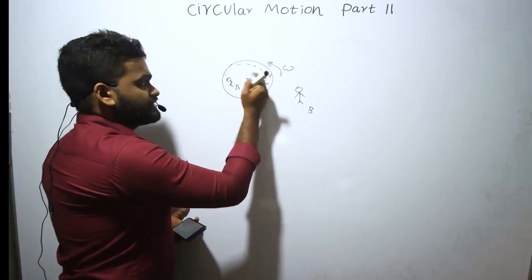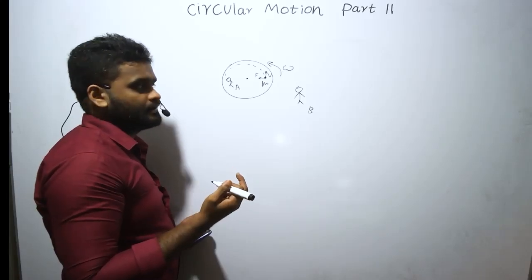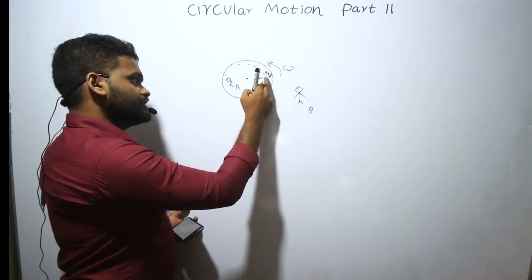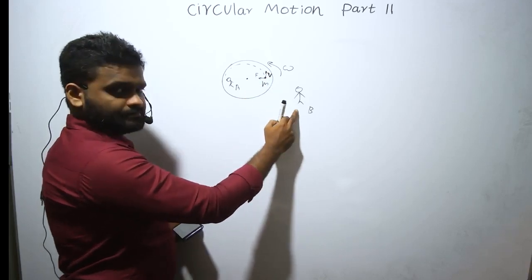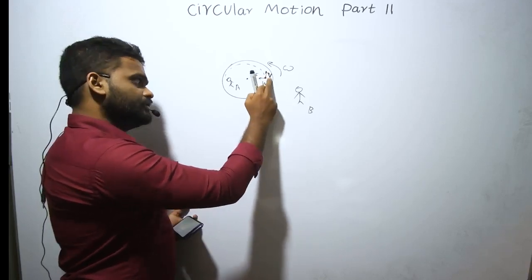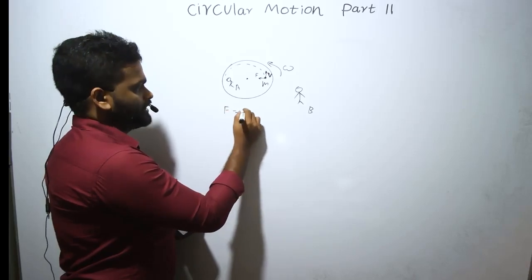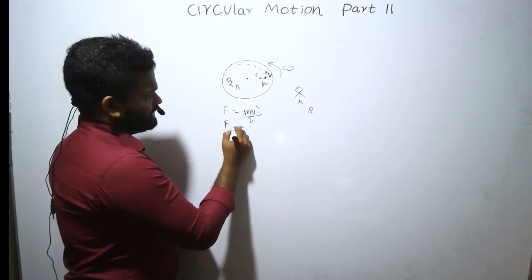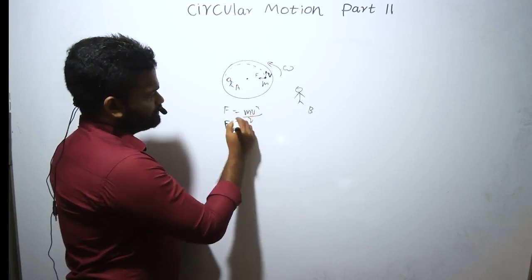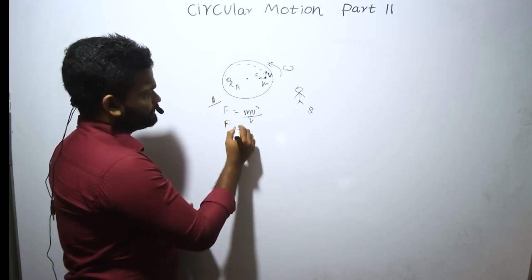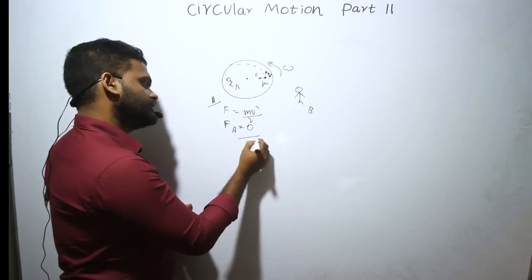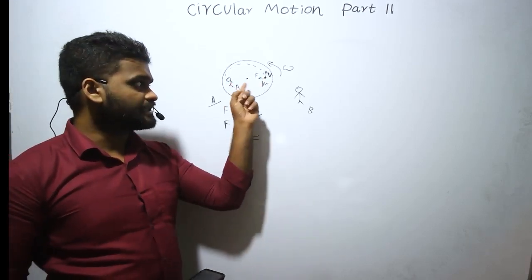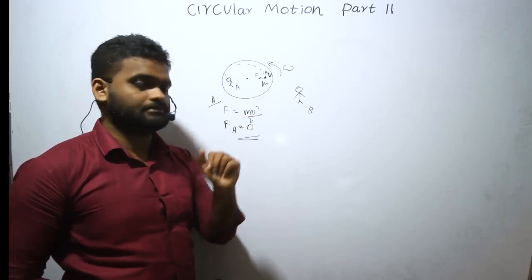He doesn't notice that. This velocity is only seen by B. So according to A, this velocity is 0. So if velocity is 0, according to A, there's no centripetal acceleration towards the center on this mass M. Okay.